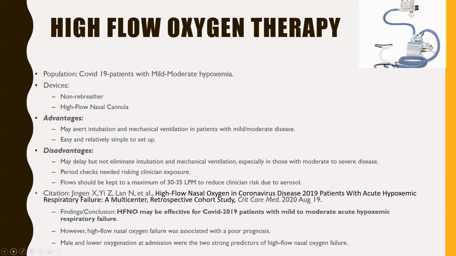And then there's this one study, and again, I refer to studies throughout this presentation, but Jing Gang and others published in 2020 found that high flow may be effective for COVID-19 patients with mild to moderate hypoxemic respiratory failure. Again, it should certainly be one of the considerations. But again, it needs to be weighed. The risks to the patient and the risks to the clinician taking care of them should be weighed.